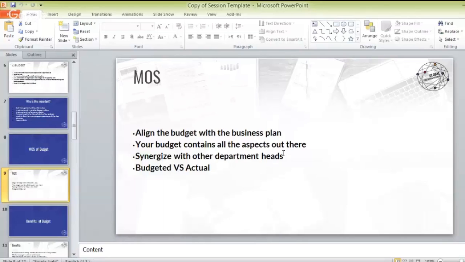Because at the end of the day, your budget is about supporting these guys and making their goals come true. If you didn't synergize and hear from them from the beginning, of course there is something missing.